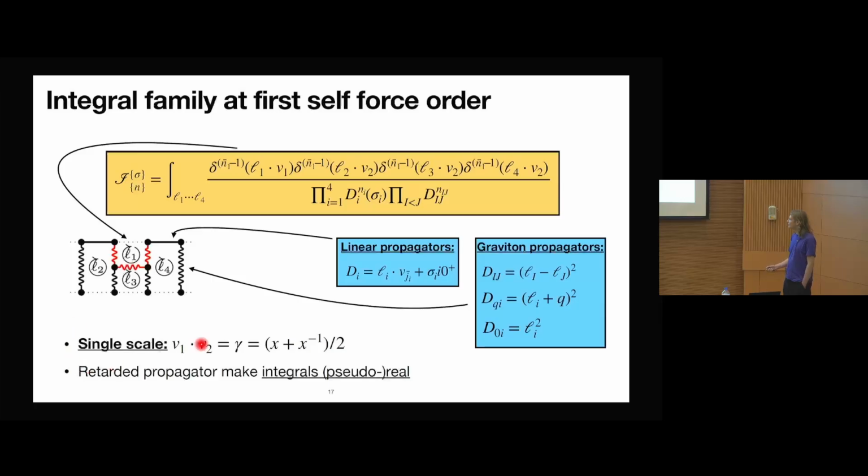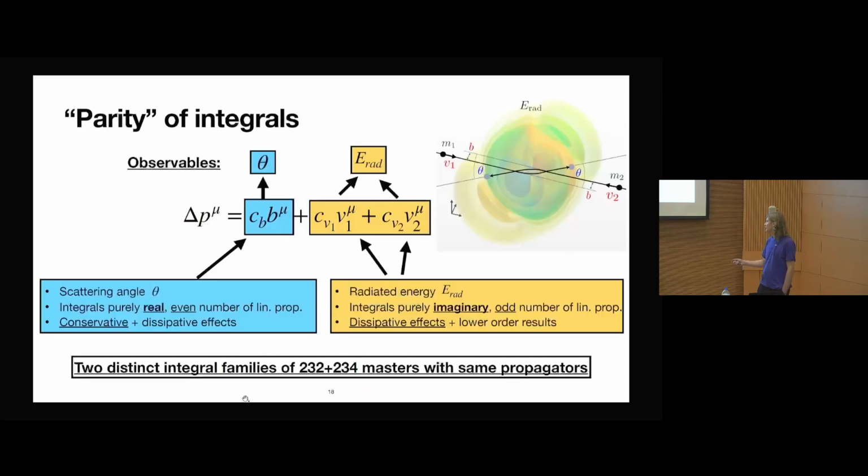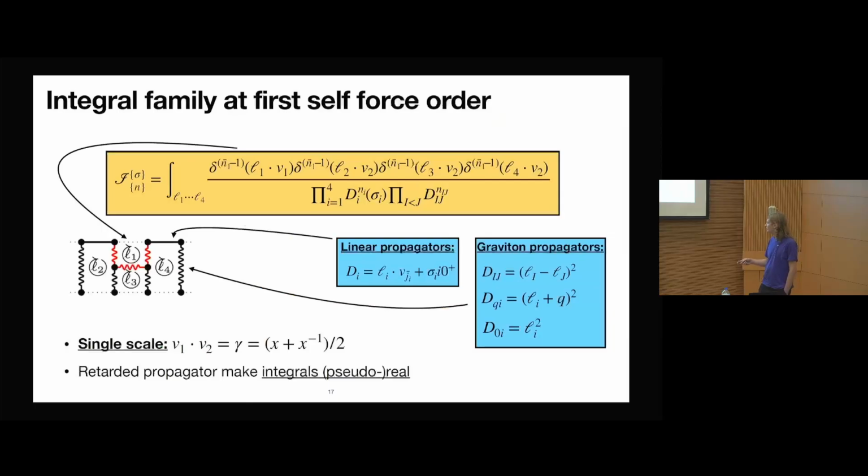But the good thing is it only depends on one scale, which is the relativistic gamma factor, or later we also use this x variable. And these integrals have an interesting feature due to the retarded propagators, because they are either purely real or purely imaginary.